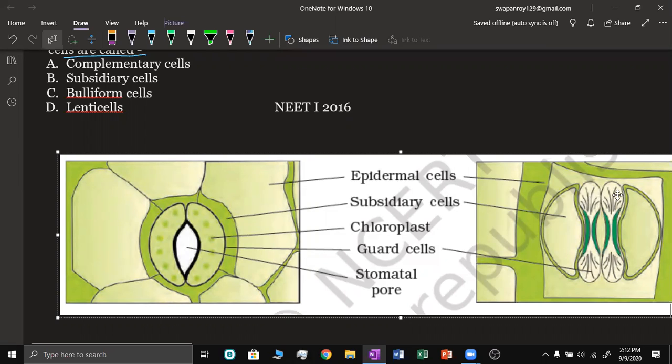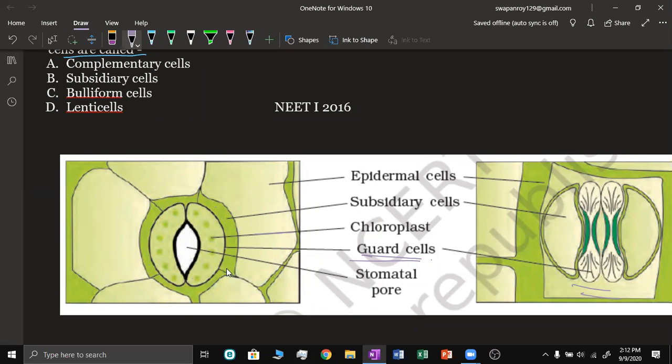See, two balls on two ends, and in the middle one is thinner. So this is the guard cell in case of grasses. All right, this is guard cell. These chloroplasts are there because guard cells carry chloroplasts, and some of the cells surrounding the guard cell, their number may be two or more.